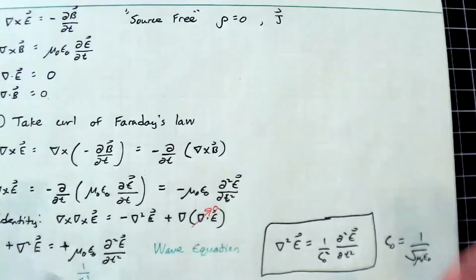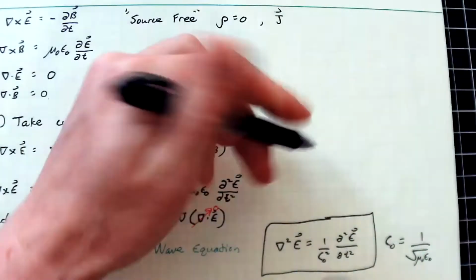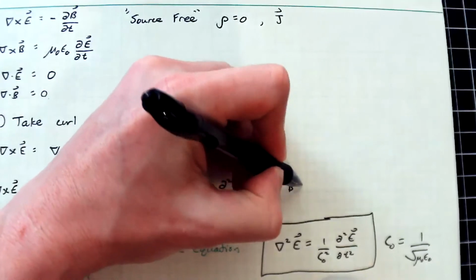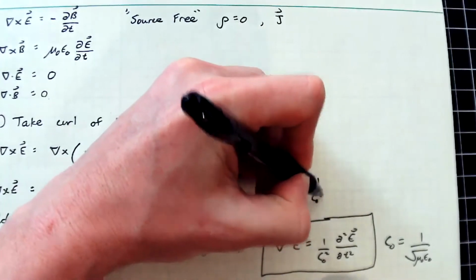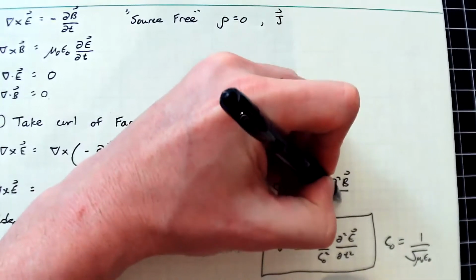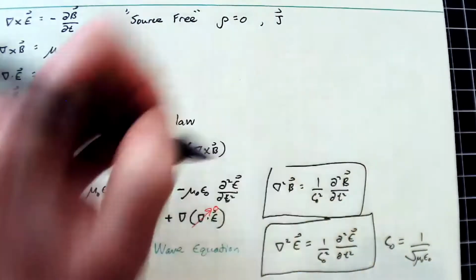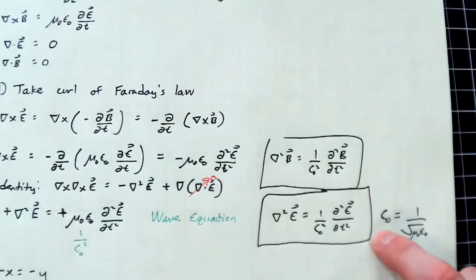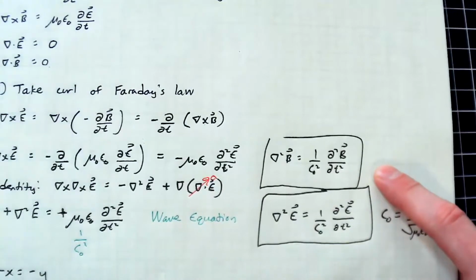So we'll write this down here. By a similar argument, you also get del squared B is equal to 1 over c naught squared times the second partial of B with respect to t squared. So the same argument will also give you this. So I have electric fields and magnetic fields satisfying a wave equation.